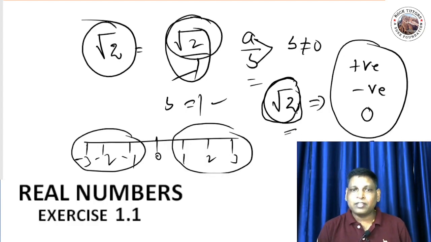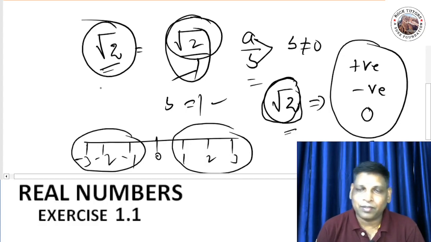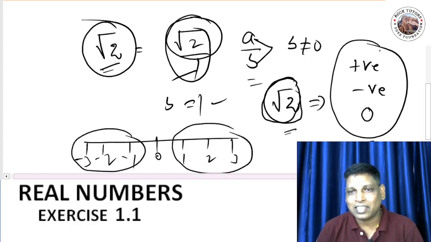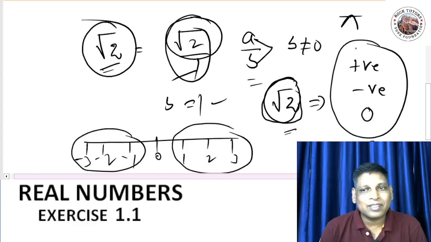When it's not an integer, there is no chance to discuss whether this number is a rational number. So that's why root 2 is an irrational number. Got it? Pi is also an irrational number. So these are the main important points about rational numbers and irrational numbers.